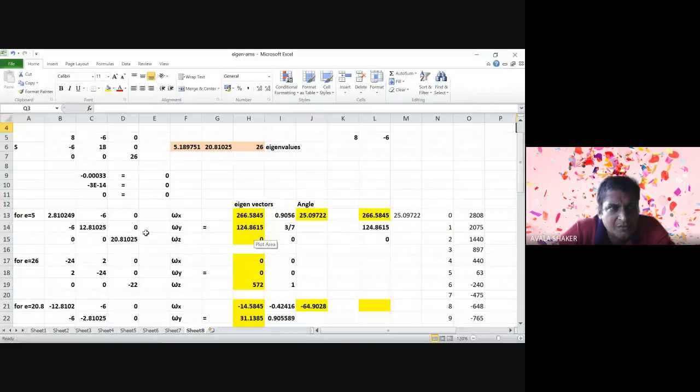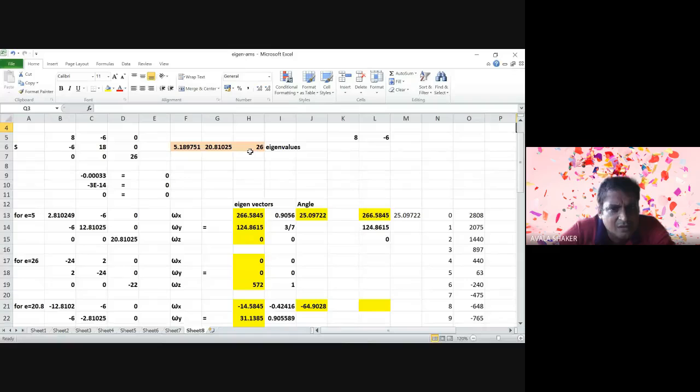Now, the moment of inertia, by saying that the determinant of your moment of inertia tensor minus lambda I, you have diagonalized it. Fine, and you have found these values.